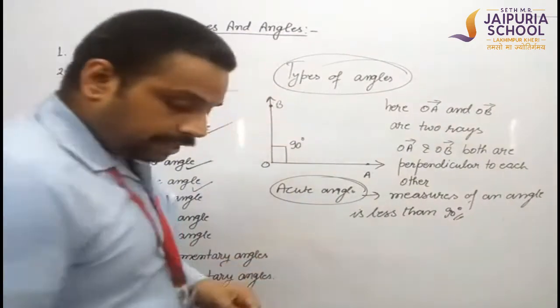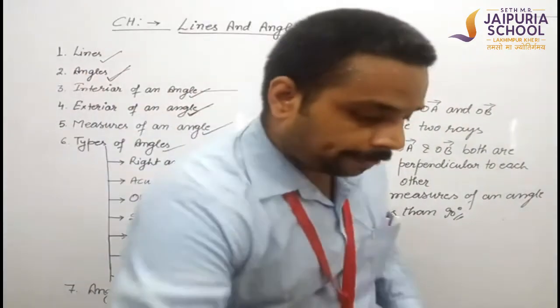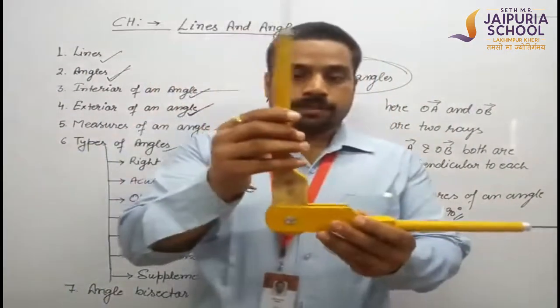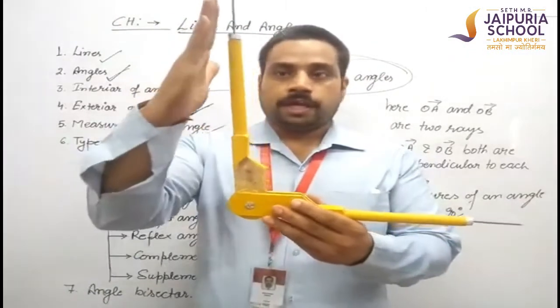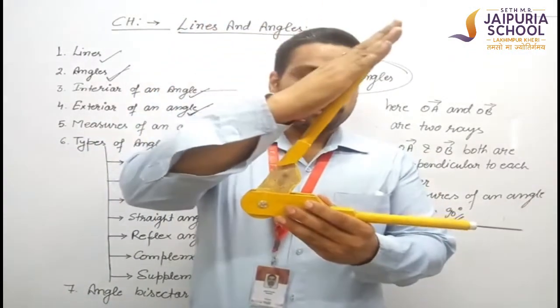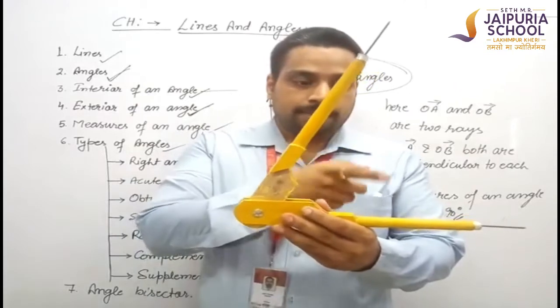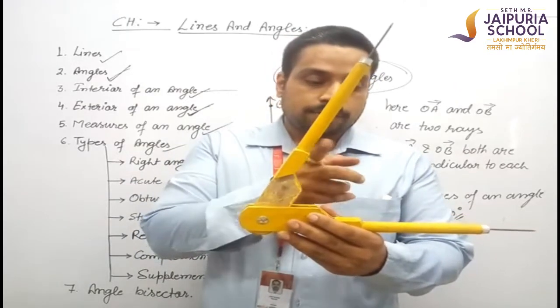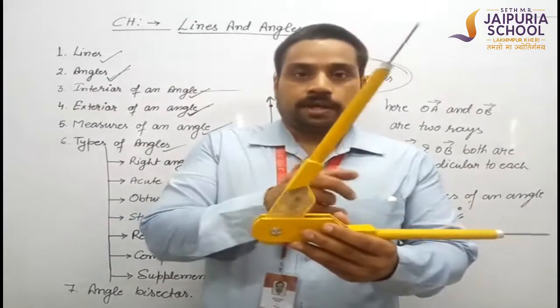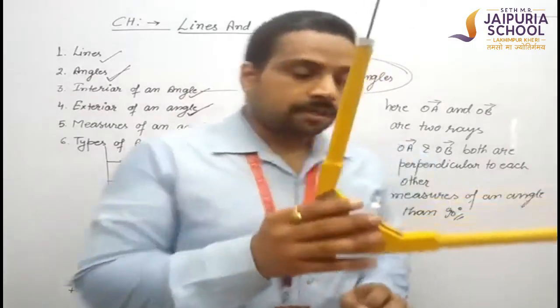Less than 90 degree means like this one. Here, this is 90 degree. If I am going to move this one, so what happened? This gap is less than 90 degrees. So this is called acute angle. I hope that this is clear to you.